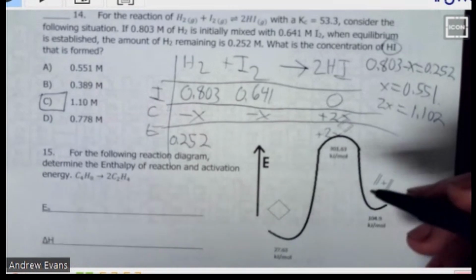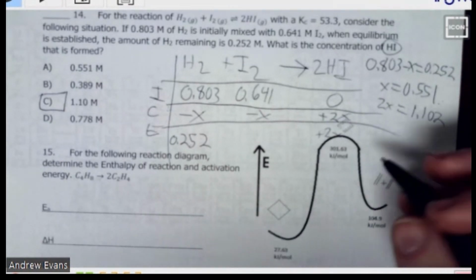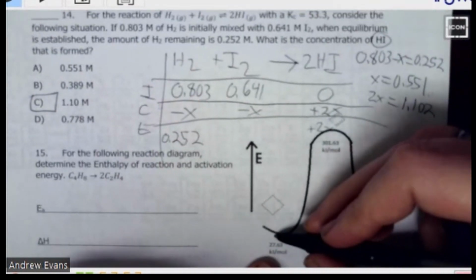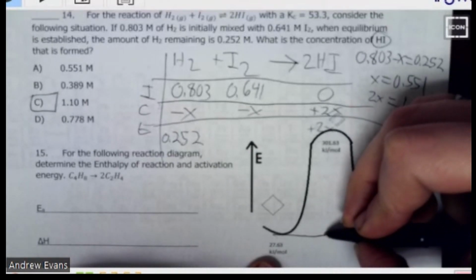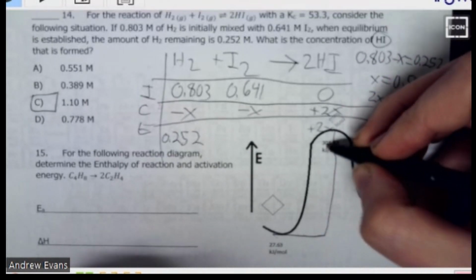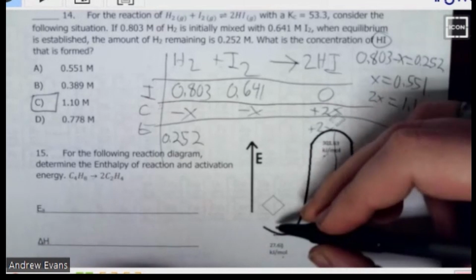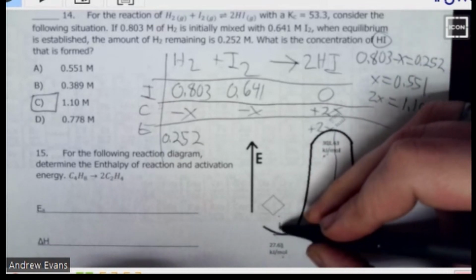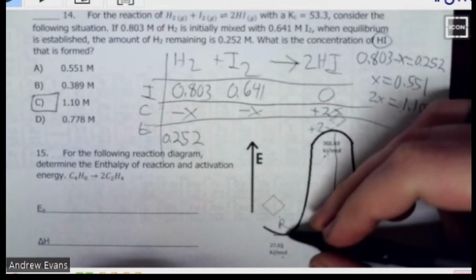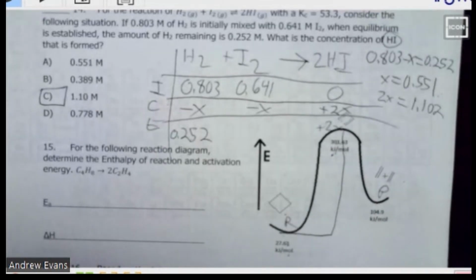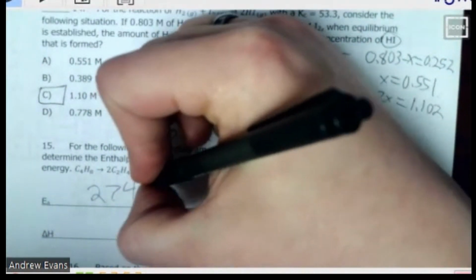Now this one, meant to be easy, was incredibly harder than I meant it to be, just because people forgot. Activation energy is the difference between these two numbers. You go from reactants to products. So 301.63 minus 27.63 is 274 kilojoules.